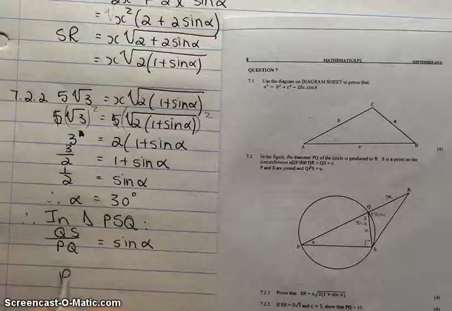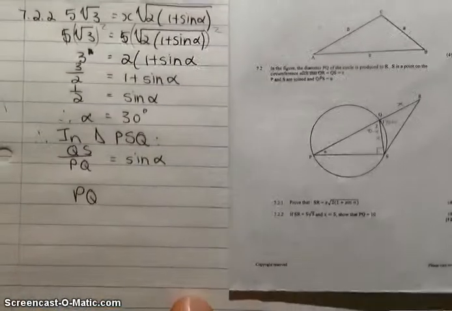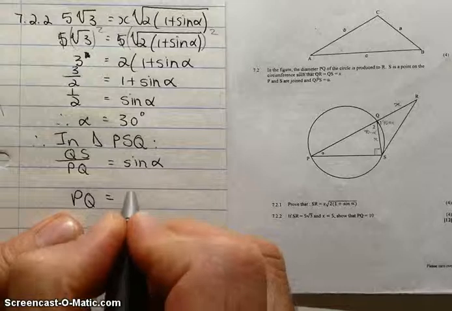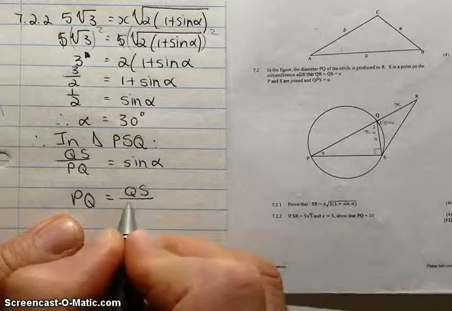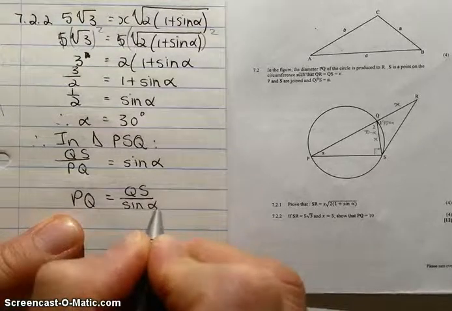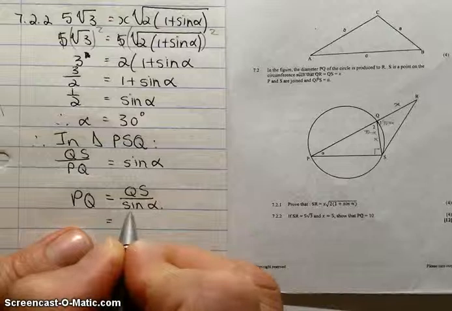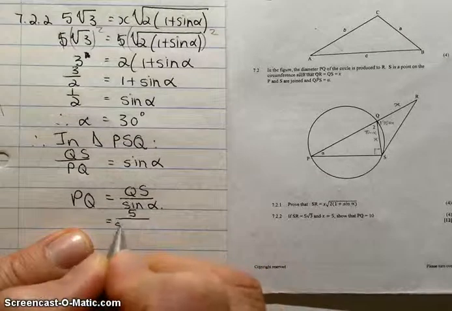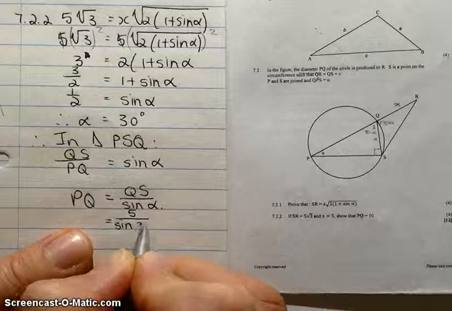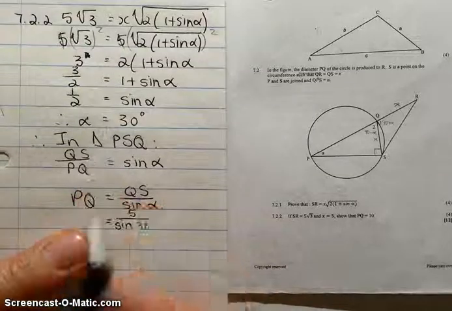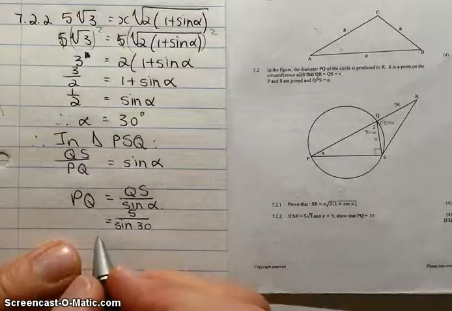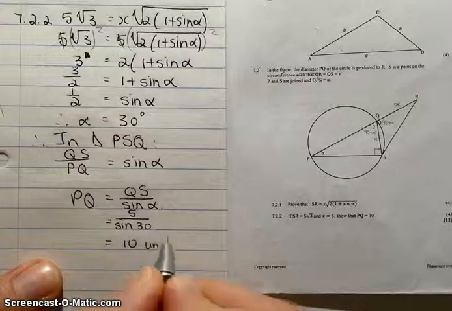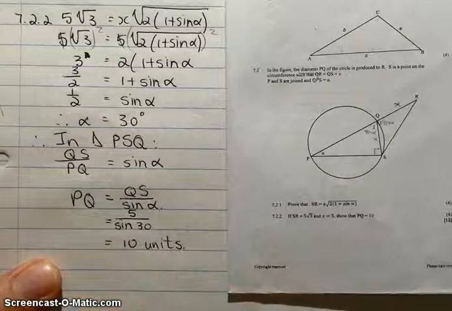So PQ equals QS over sine alpha. Well, QS is 5, and the sine of alpha is just the sine of 30, because we proved already that it is 30, and that is equal to 10 units. Thank you.